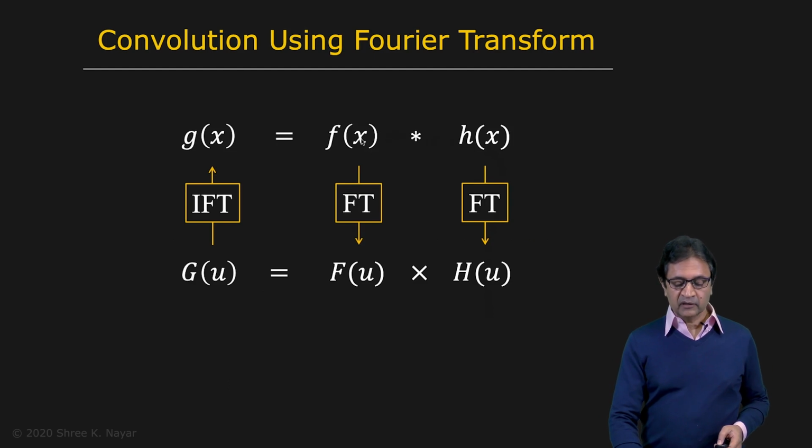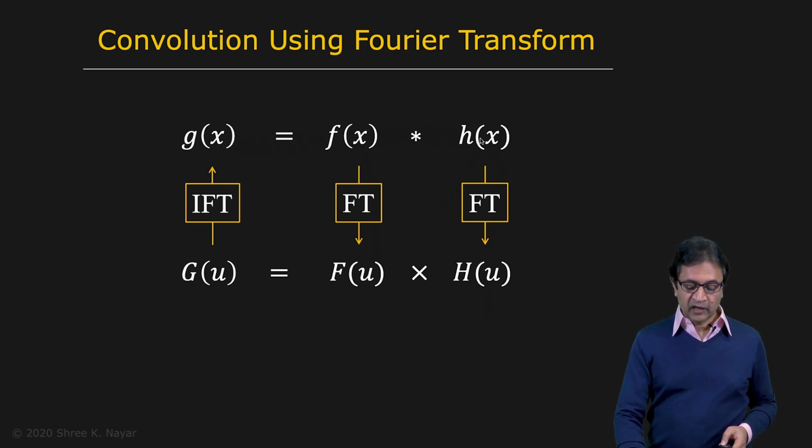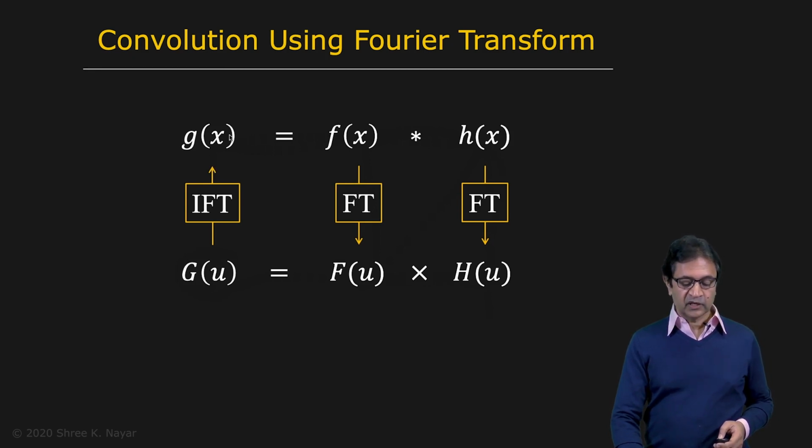Well, if you want to find the convolution of f with h to give g, you don't have to do it in spatial domain. You can take the Fourier transform of f to get f of u, the Fourier transform of h to get h of u, multiply the two, and then you get the Fourier transform of g, and then take the inverse Fourier transform of g to get g of x.